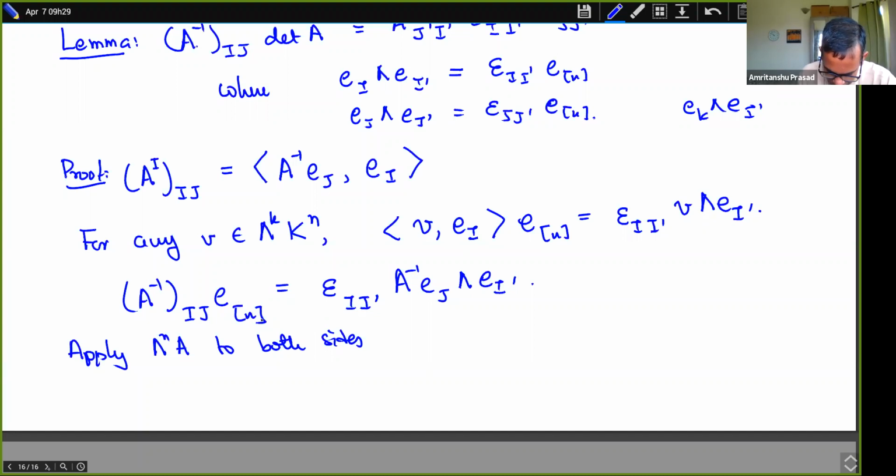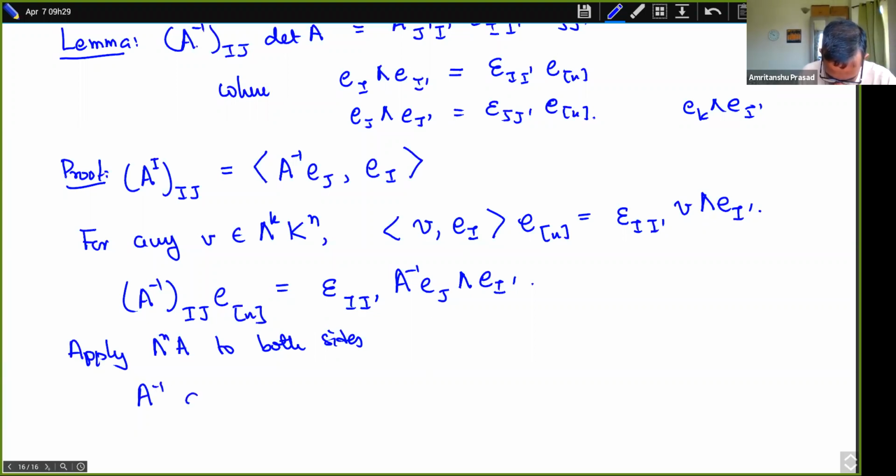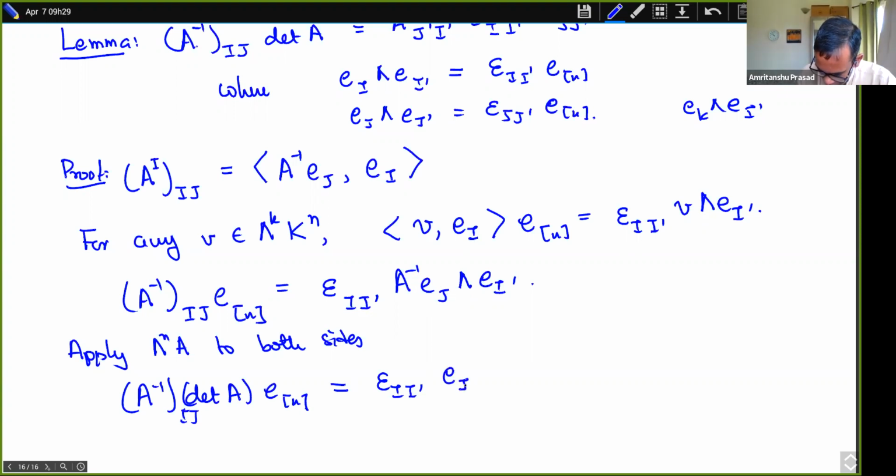And wedge and A applied to this just gives the determinant, and so you get A inverse determinant, which is the left hand side of what we want with an En, is equal to, and now we get epsilon I prime, and then if you apply this A to here, you get Ej wedge A Ei prime.